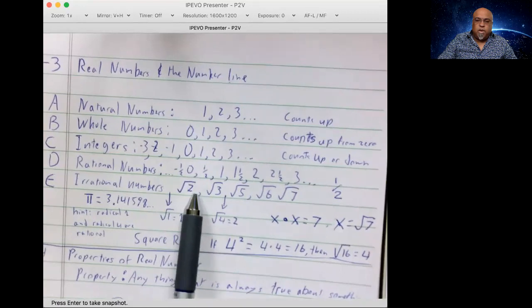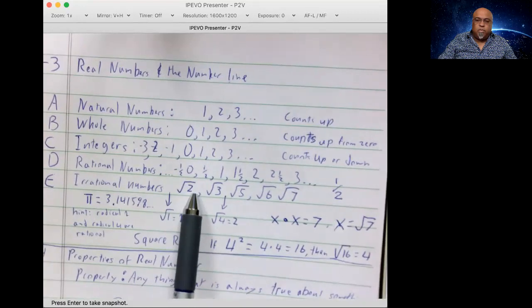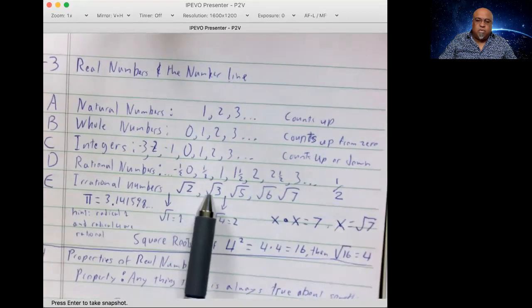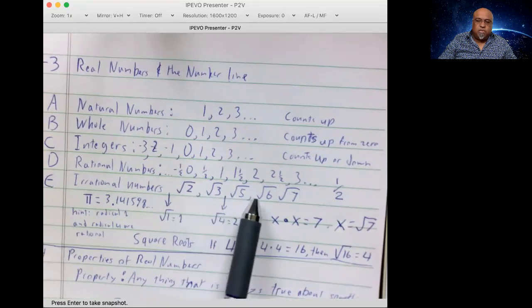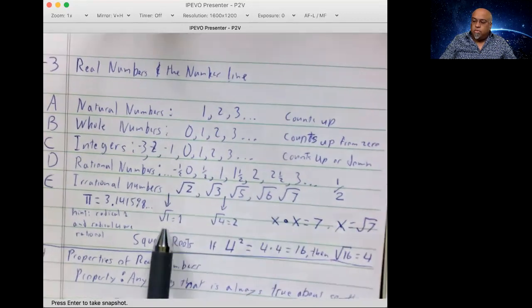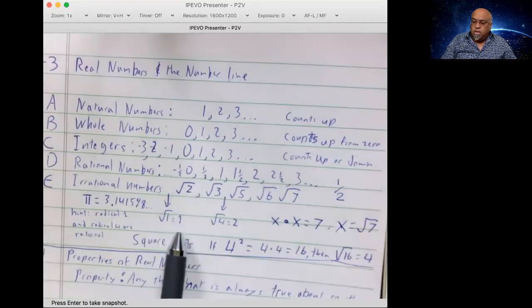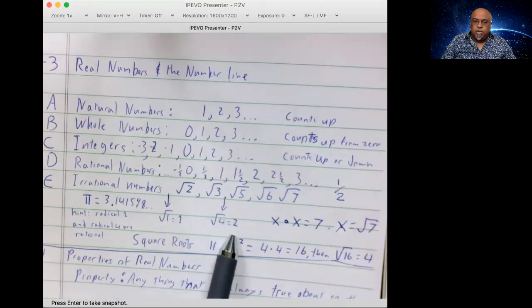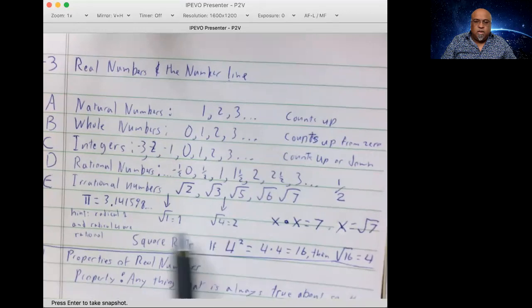Take, for example, radical 2 would be 1.41 something, radical 3, radical 5, radical 6, radical 7. Okay? But you notice that radical 1 is equal to 1. Radical 4 is equal to 2. Hint, so radical 1 and radical 4 are rational.